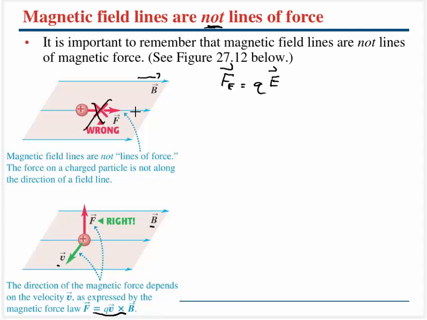So we cannot write the force being in the same direction as the magnetic field. What we have to do is take our hand, point the fingers in the direction of the velocity vector, and then curl that into the magnetic field's direction to get the direction of our force, the direction that the thumb is pointing, at least for a positive charge. For a negative charge, it would be the opposite direction.